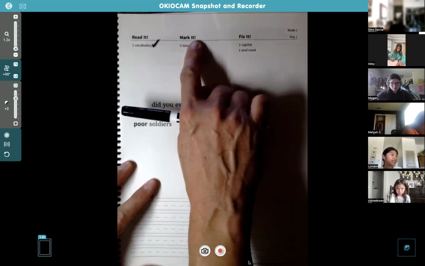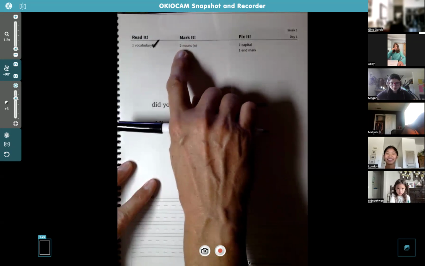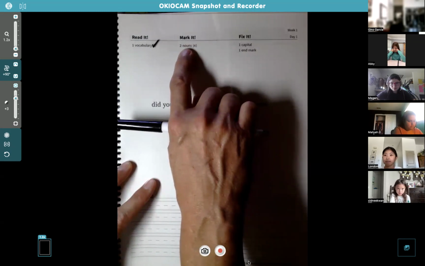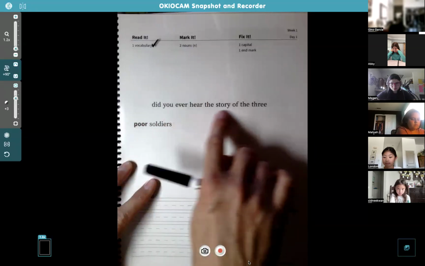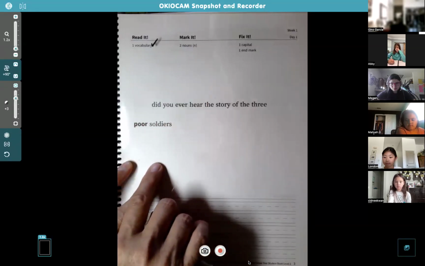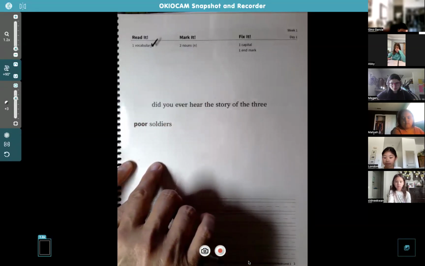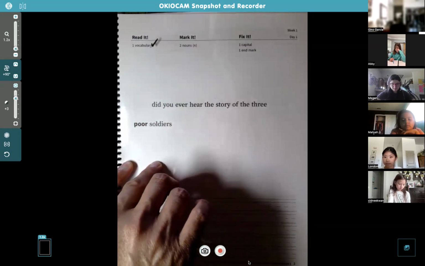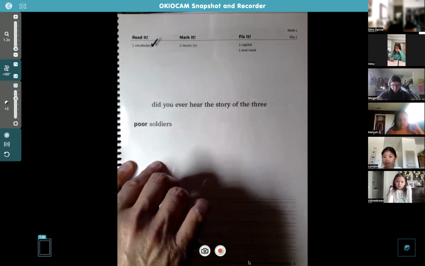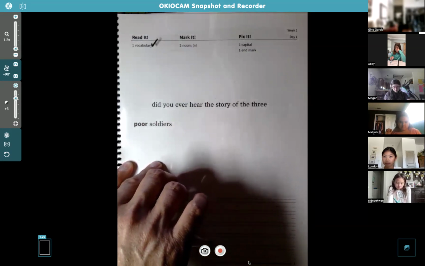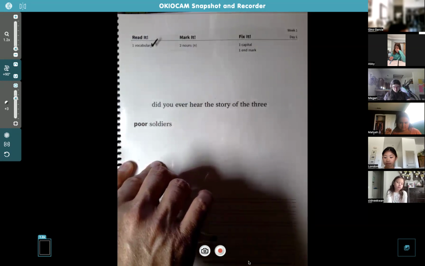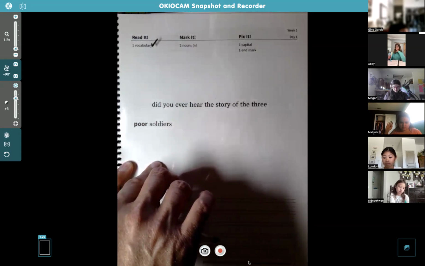Now we're going to move over to market. And it says 2 nouns underneath that. So in this sentence, there are 2 nouns. Does anybody know where the nouns are in that sentence? If you know, you can raise your hand in the camera. Or you can tell me one of the nouns. If you see a noun in that sentence, remember those are person, place, or thing.